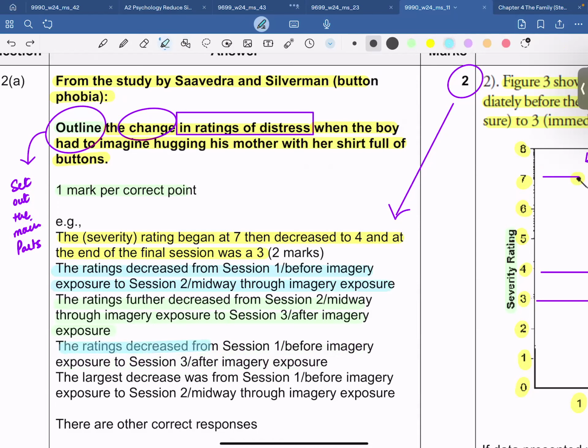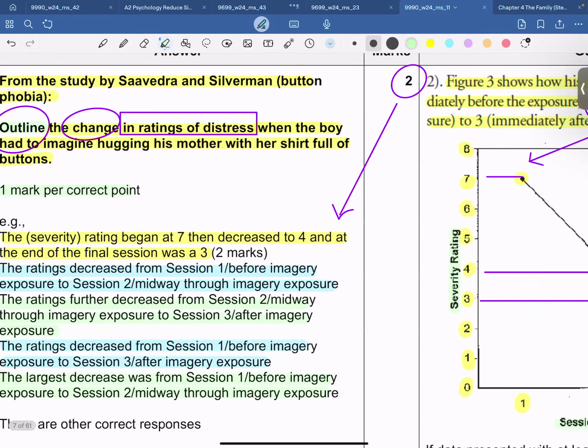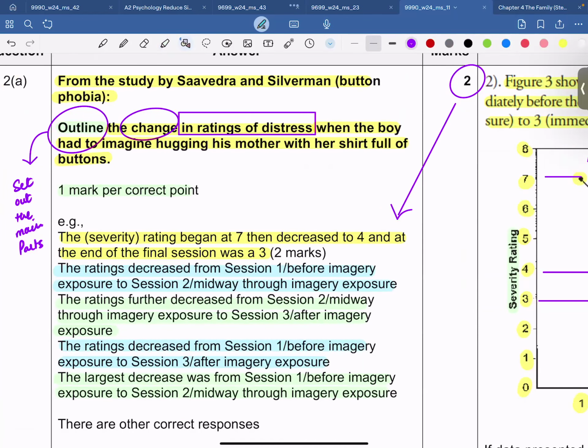The largest decrease was from session 1, before the exposure, to session 2, midway through the exposure. I read all of this to help you understand what could have been written to score full marks.